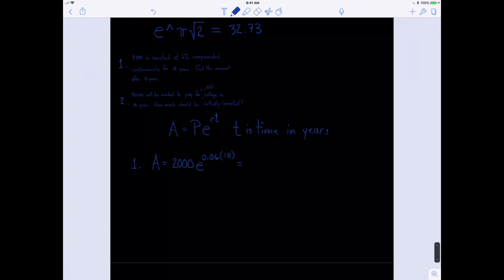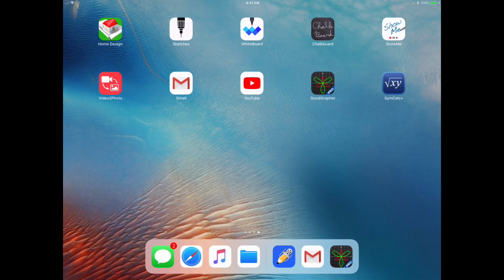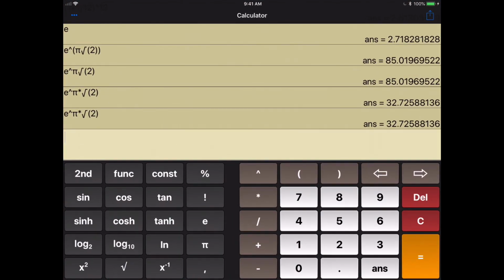So let's put that in our calculators here. In the grapher, we're going to go 2,000 times e raised to the, and I'm going to put these in parentheses just to be sure, 0.06 times 18, parentheses, equals.